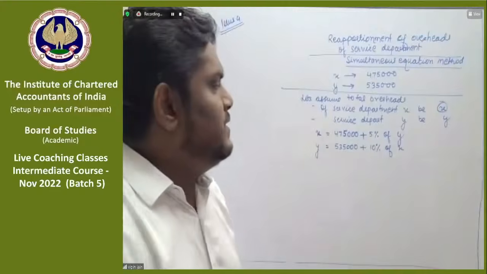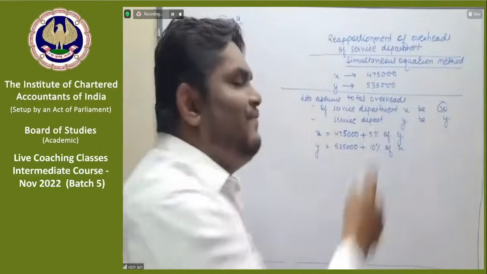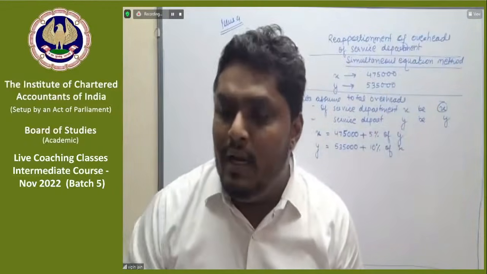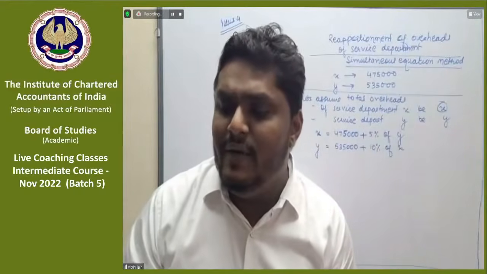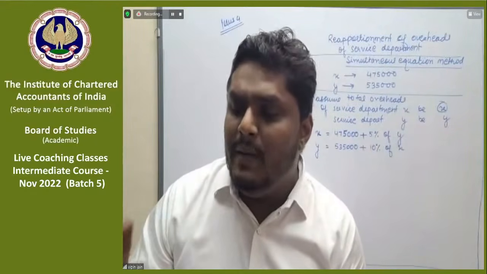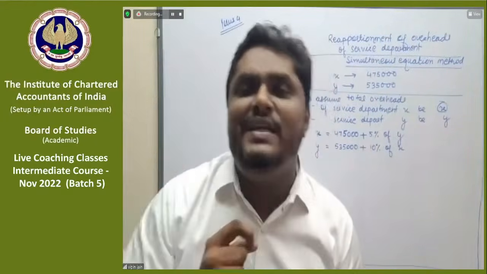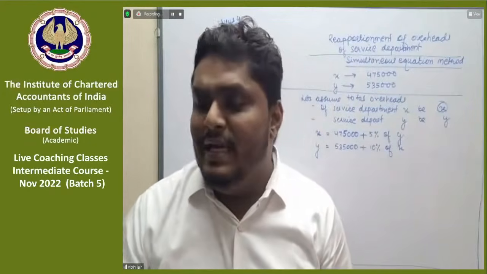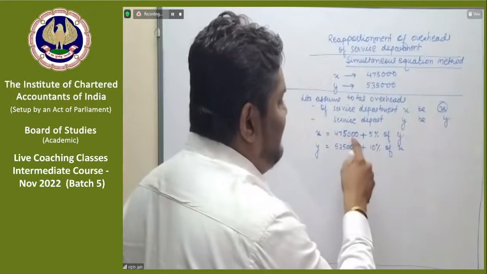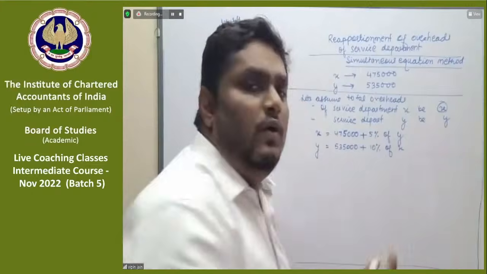So X will be equal to how much? 4,75,000 as calculated. Now refer to the question, wherein it is given that from service department Y, a certain percentage is apportioned to X, that is 5%. So 4,75,000 plus 5% of what?